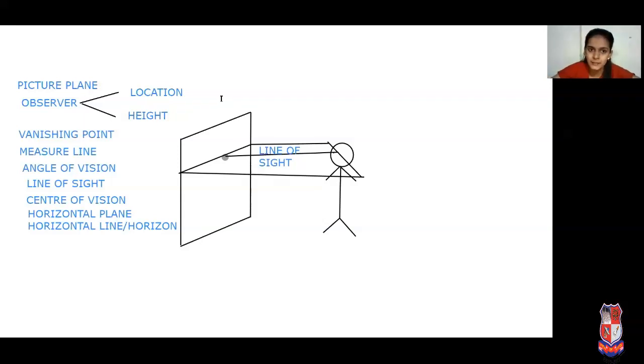Now concentrate on this line, I'm highlighting it. Which line is this? The intersection line between our picture plane and horizontal plane. The intersection line of horizontal plane and picture plane is known as the horizontal line or horizon.